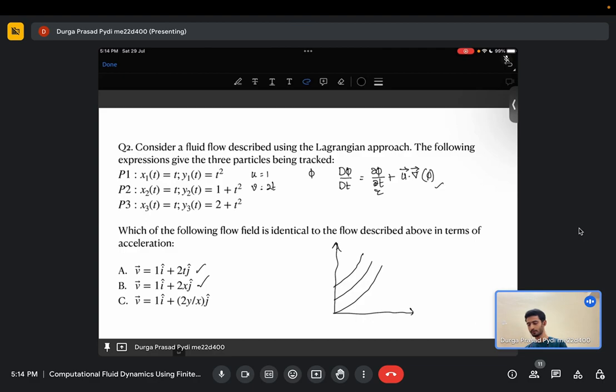So what I am trying to ask is, you have this particular formula that was derived in the class, right? How you derive your material derivative: this is your Lagrange form and this is your Eulerian form. The RHS is your Eulerian form. So try to substitute part B also, the second option, into this one, and see if it matches.